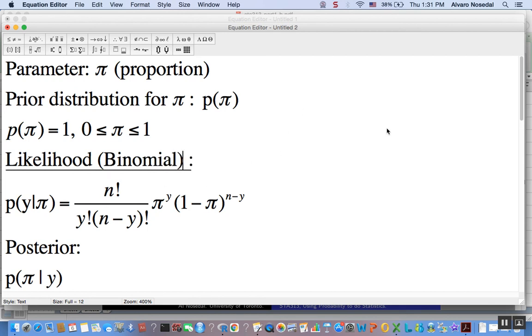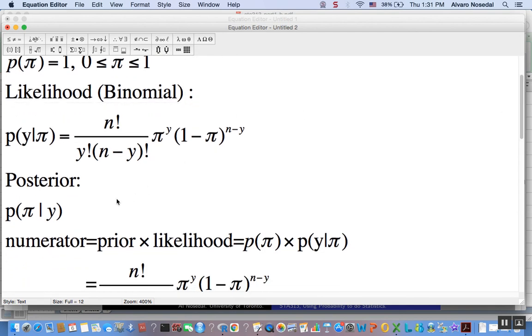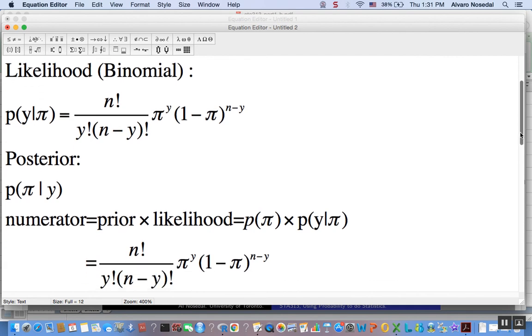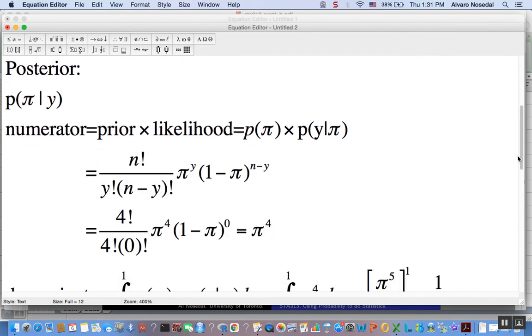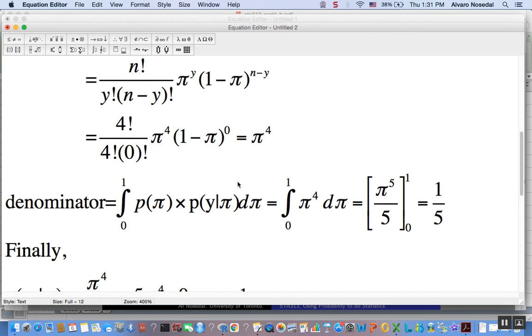And then to find the posterior, just like before, we use Bayes' theorem. The difference between the version of Bayes' theorem that we had before and the one that we have now is in finding the denominator. The numerator is the same, a product of prior times likelihood, but now the law of total probability looks like this. Instead of a sum, we have an integral.